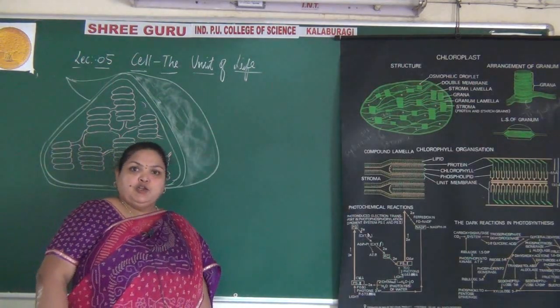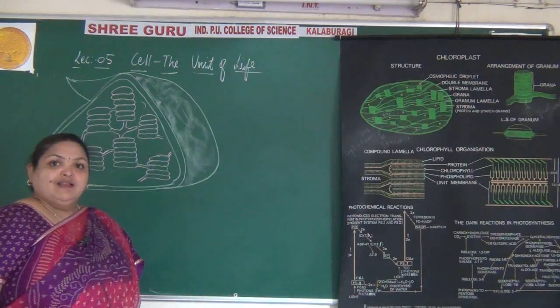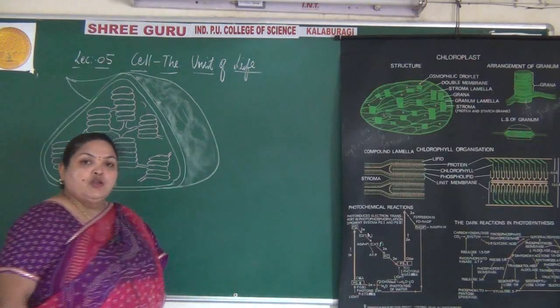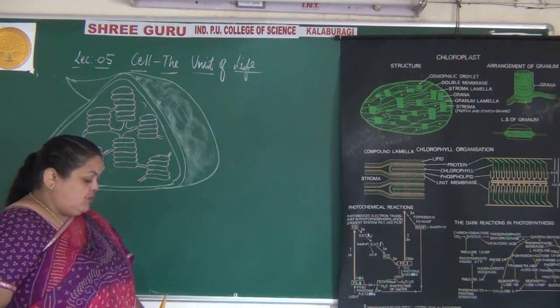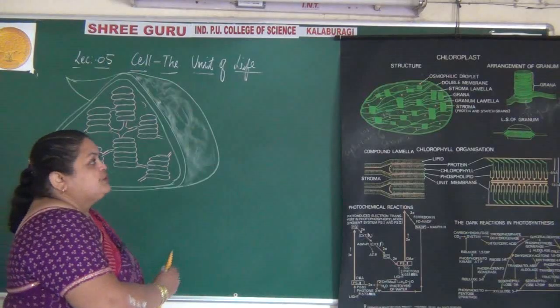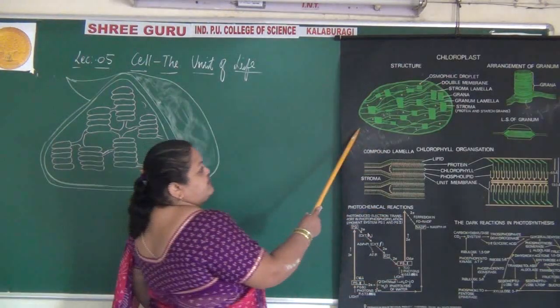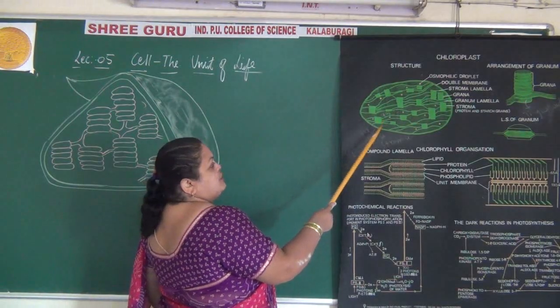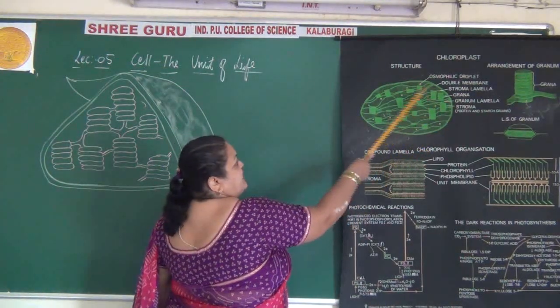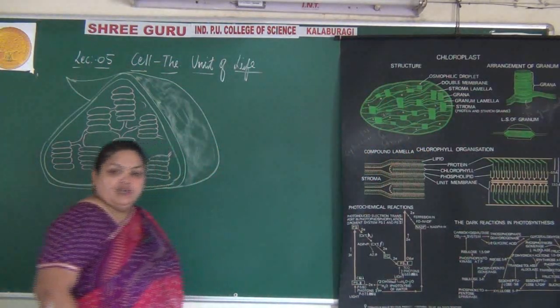Colorless plastids are the leucoplast. In the colored plastids, it's the chloroplast and the chromoplast. So just look at the structure of a chloroplast that is given in the figure. The chloroplasts are double membrane organelles.